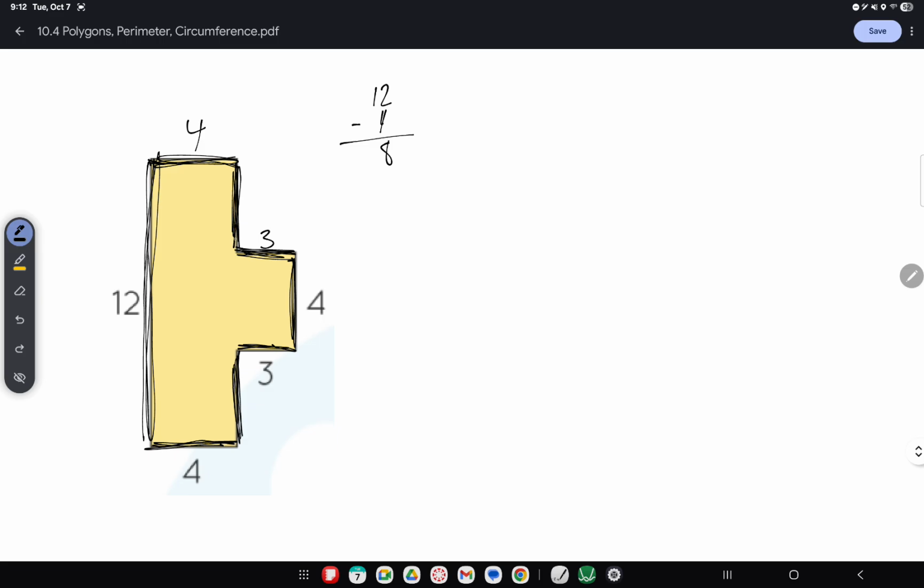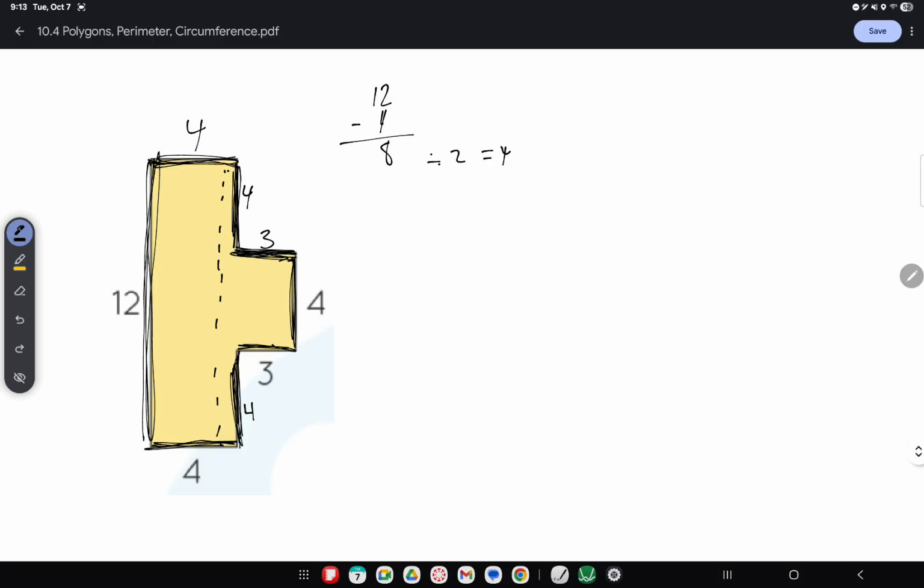And it looks like it's right in the middle, so I can split 8 into 2 pieces to get 4 and 4. Well, I don't really need that because I know that this whole distance is 12. I really just needed to know this extra piece here.